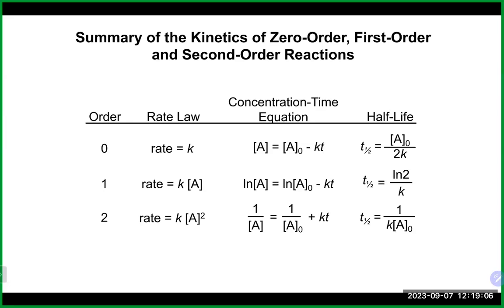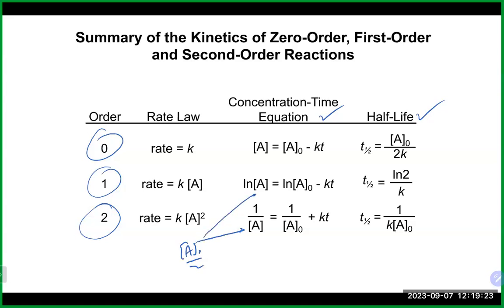So this is a nice table that summarizes the information you need to know in terms of the equation and the half-life for our zero, first, and second order. Once again, in all these cases, you could substitute in A naught divided by 2 into here or there or there, and solve for T to get to our half-life equations if you wanted to.